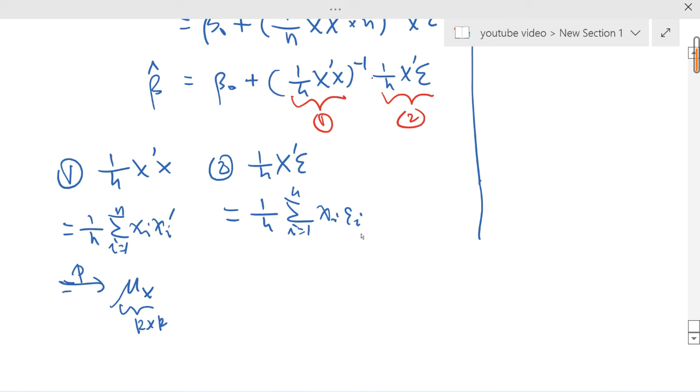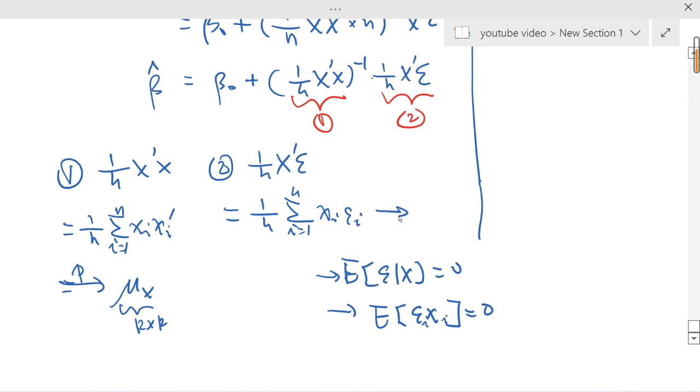And by this identification assumption, we know that for each i, the mean is equal to 0. So the law of large numbers says that this will converge in probability to its mean, which is 0.